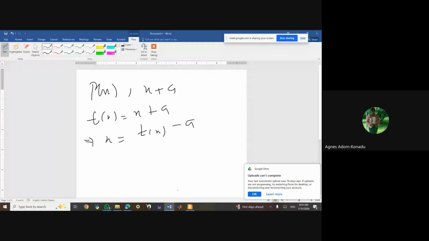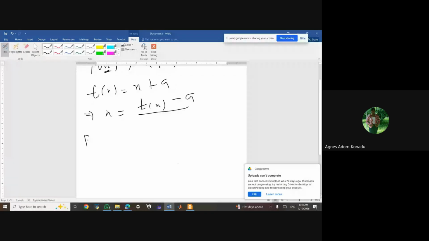So in place of P of x, I'll substitute this. So I have P of T of x minus a. I'll substitute this into the polynomial function, and when you substitute and simplify, you see that you're going to get a polynomial function that has this as a factor. And that's how it works.